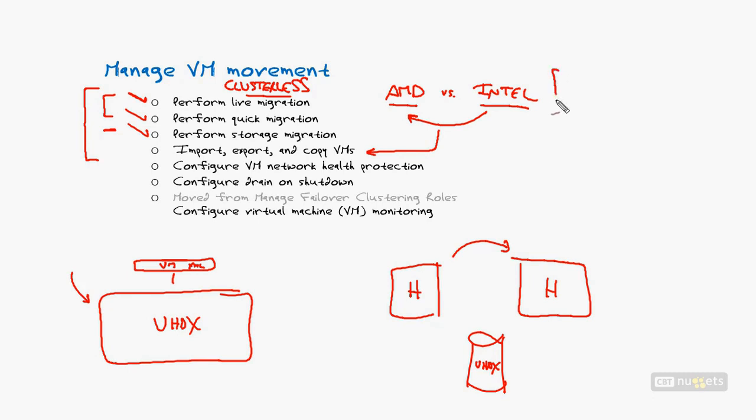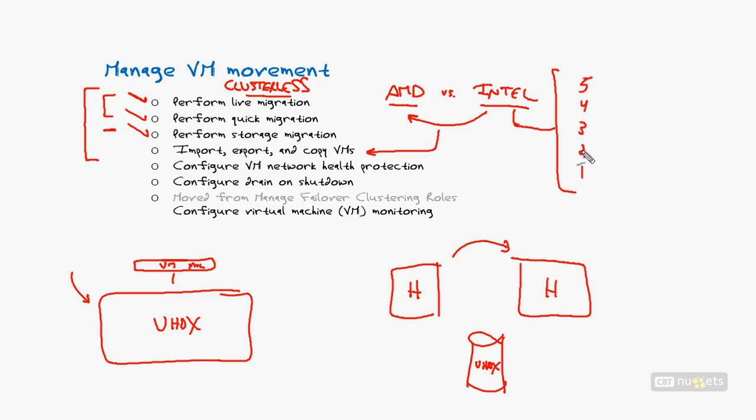Now, inside of Intel or inside of AMD, there are going to be a variety of processor types as well. So your Nehalem, your Westmere, your Sandy Bridge, and so on and so on in the Intel space. I'll just call them generation 1, 2, 3, 4, 5.